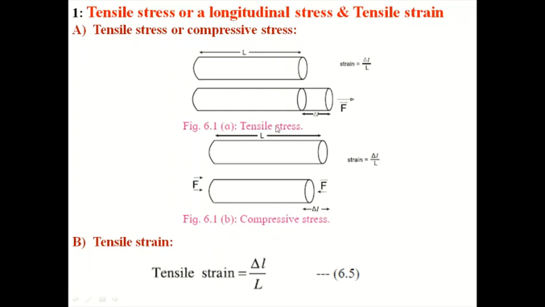In tensile stress, pull type forces are used and the length is increased, whereas in compressive stress, push type forces are used and the length is decreased. Both are known as longitudinal stress because both are related to the length of the material, and tensile strain is the change in length to the original length.